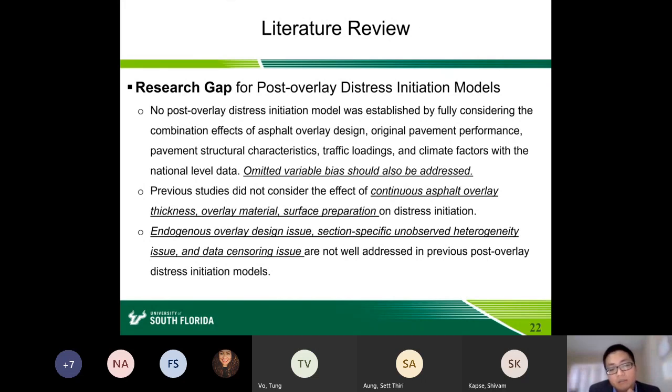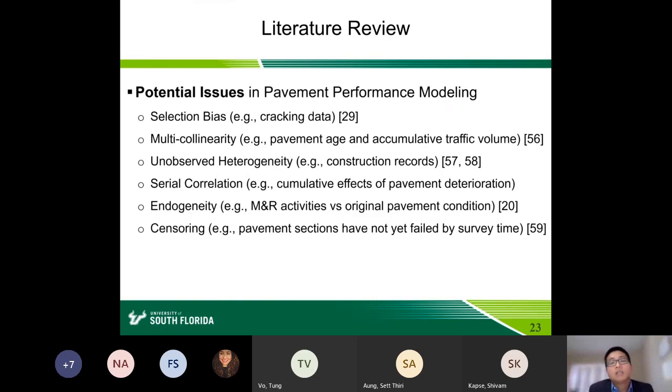In addition, the endogenous overlay design issue, section-specific unobserved heterogeneity issue, and the data censoring issue are not addressed.